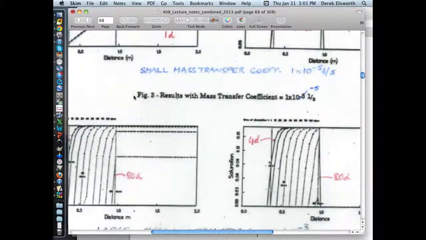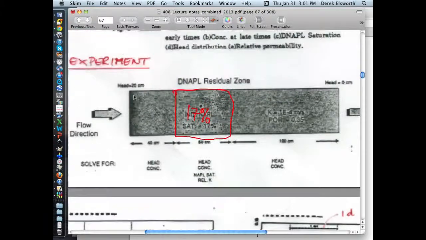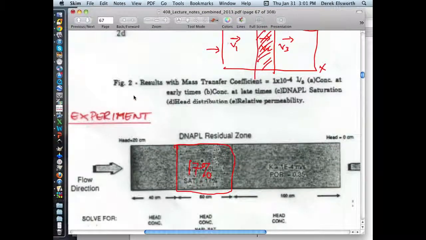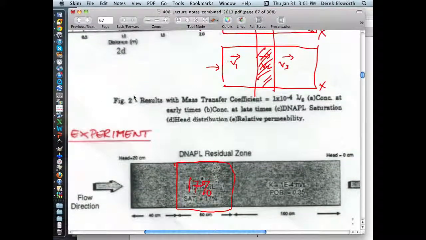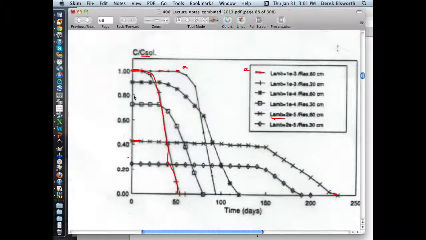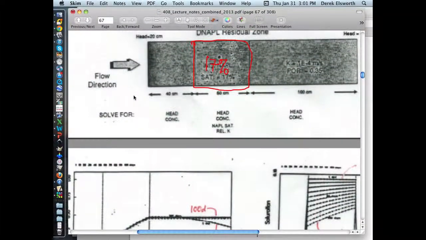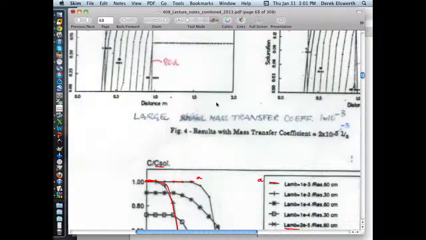So I'm trying to think what the difference is. Is it residual? Is it the length of the residual zone then? Could be, yeah. Instead of 30, you're right. So 60 centimeters versus 30 centimeters, excellent.